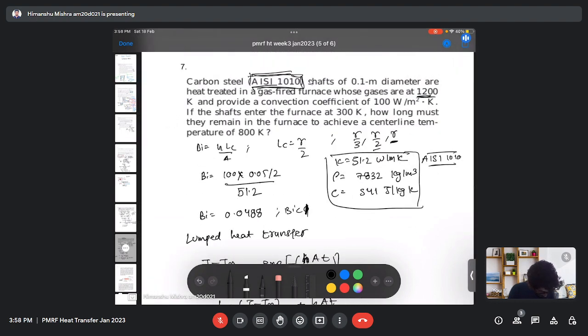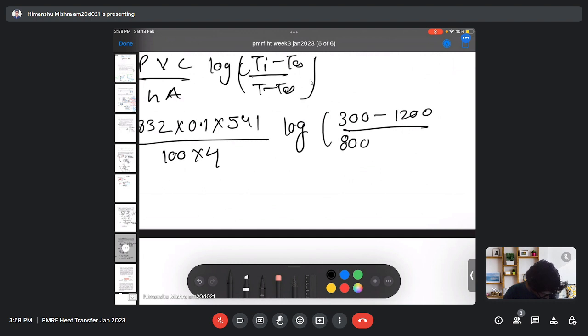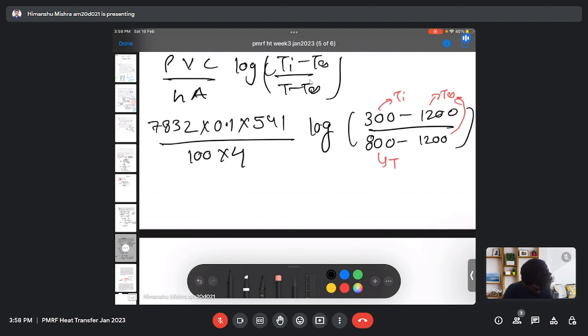And we need to find the time when the temperature reaches 800 Kelvin. So we just need to calculate the value, and after calculation we will get the time as 859 seconds.